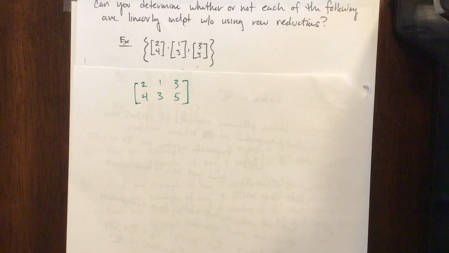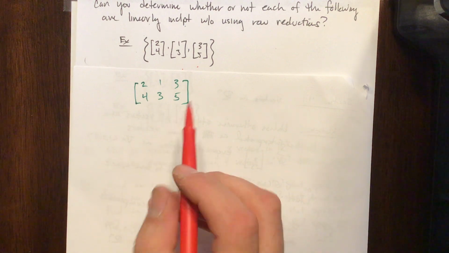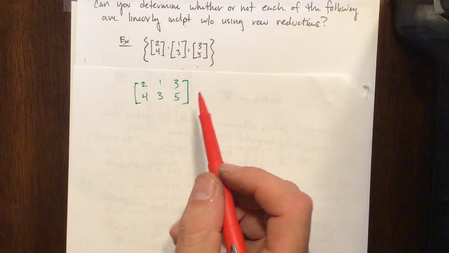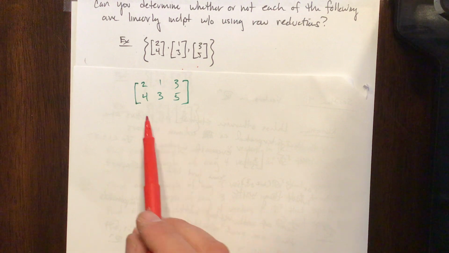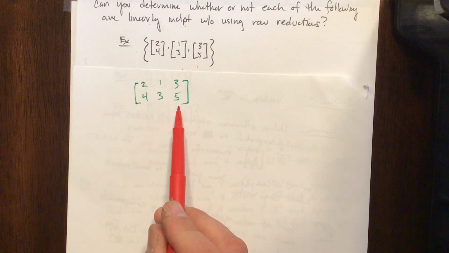Now what's the most number of pivots that we can have? Each row can only have one pivot, and each column can only have one pivot. I have 2 rows, so I can have at most 2 pivots. If I can only have 2 pivots, then there can't be a pivot in every column.